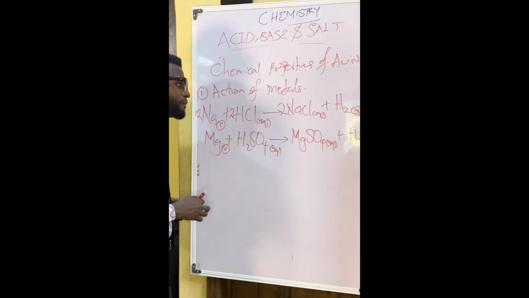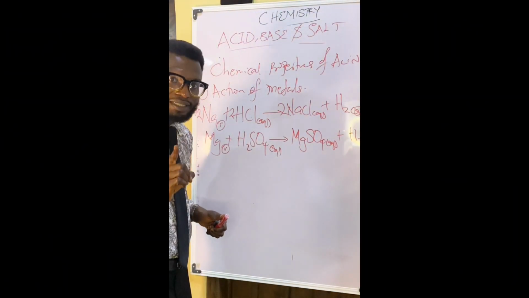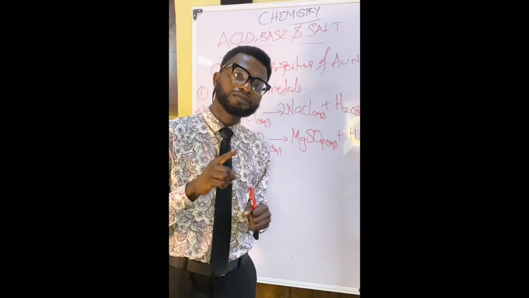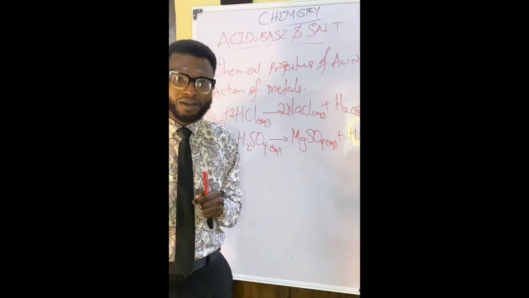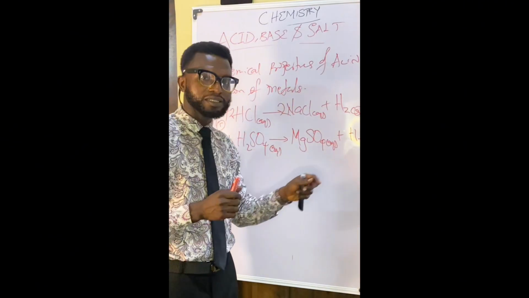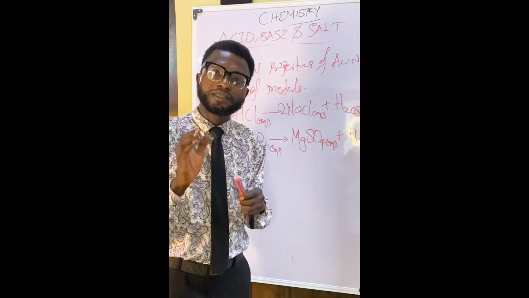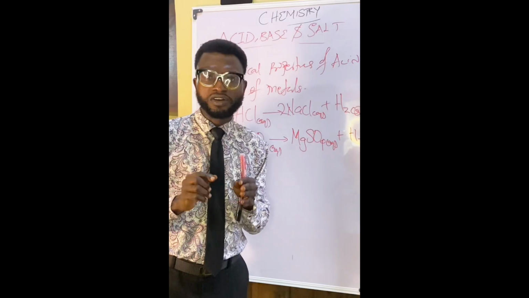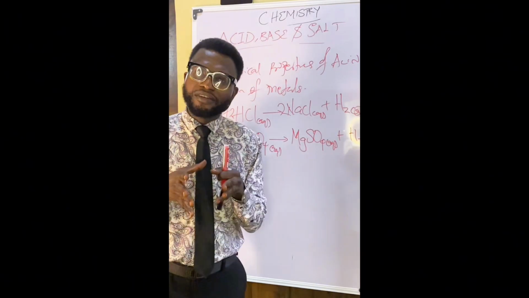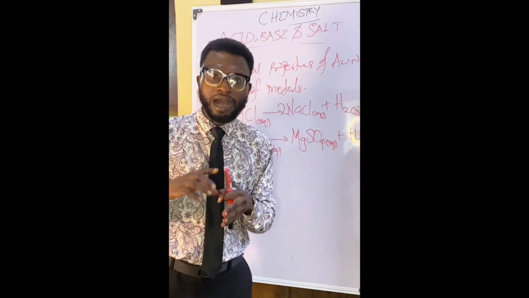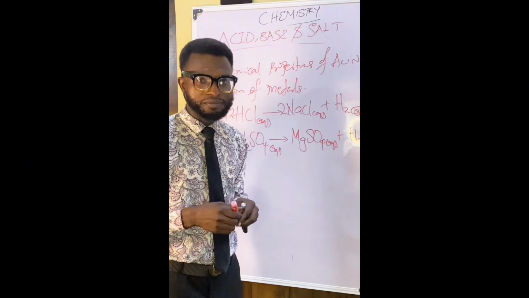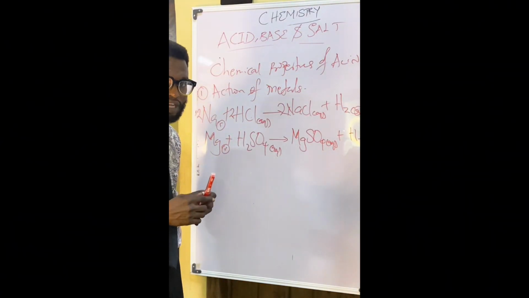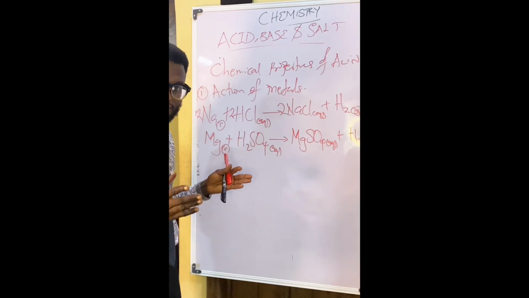Now, note that the action of metals with trioxonitrate 5 acid does not liberate hydrogen gas. This is because trioxonitrate 5 acid, being a potentially powerful oxidizing agent, will arrest the liberated hydrogen and oxidize it to water, while itself is reduced to nitrogen 4 oxide or nitrogen 2 oxide as the case may be.